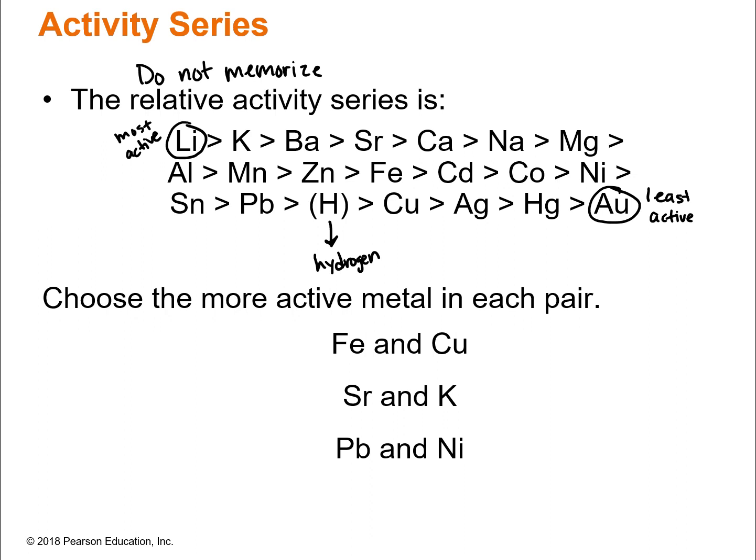We just talked about this one, but I will do this one just to show you, and then you can do the other 2. So I'll show this one in red. Here's iron, here's copper. The one that comes first is the most active. So iron is more active than copper.